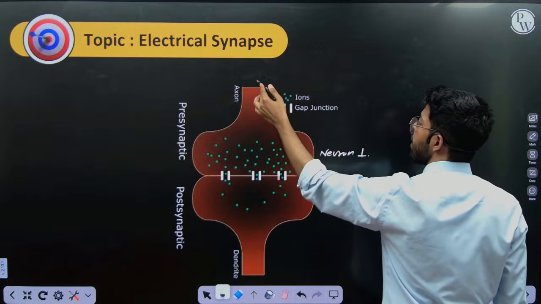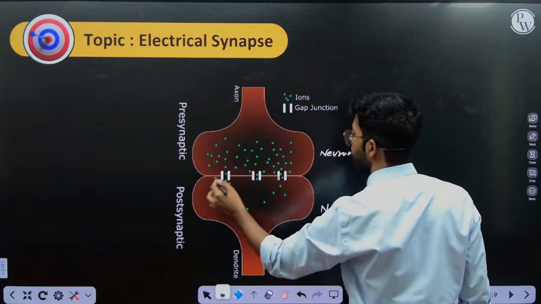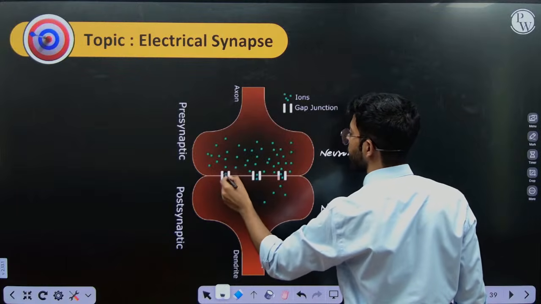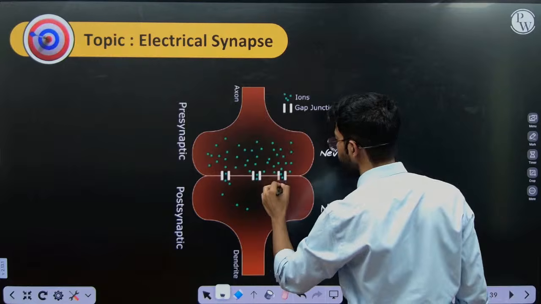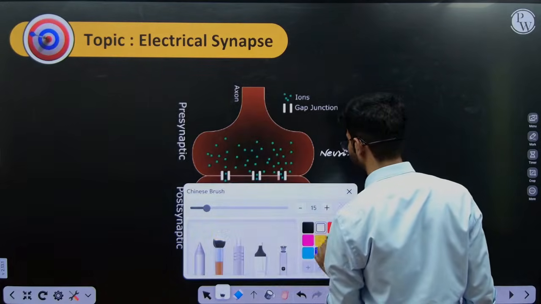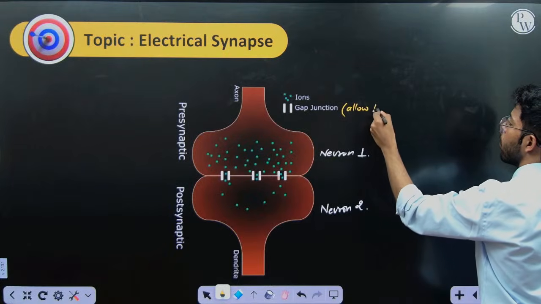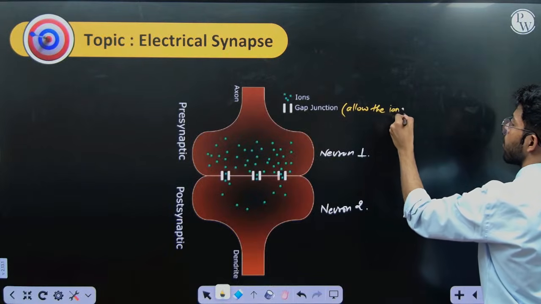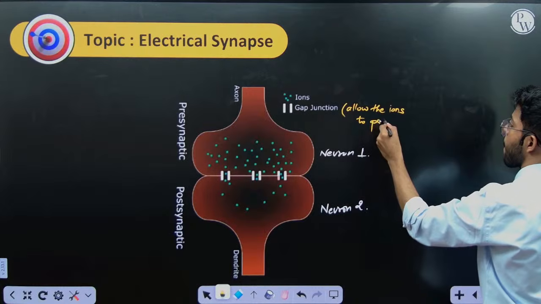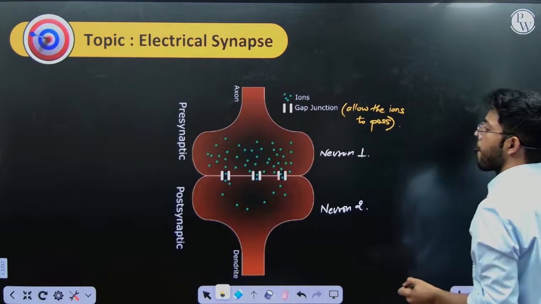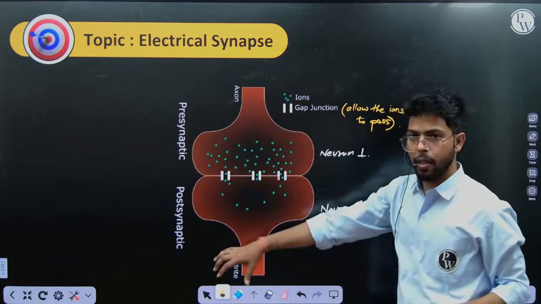So ions can cross this membrane easily through the gap junctions. Gap junctions only allow the ions to pass, and that's why they are very fast.